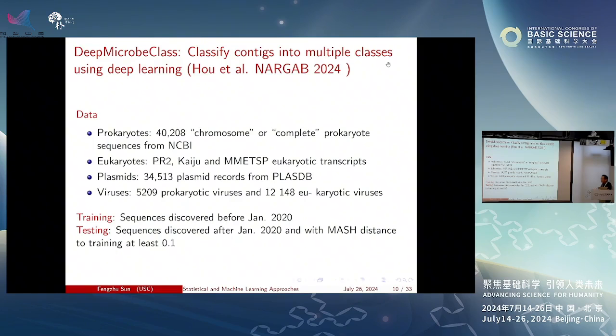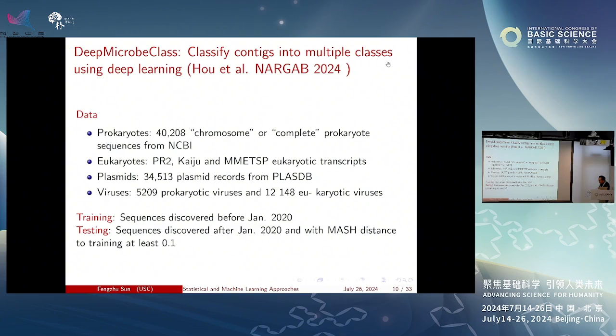So we collected a variety of different data: prokaryote data, eukaryote data, and plasmid. For viruses, we collected prokaryote viruses as well as eukaryote viruses. Those are the 5 major classes of sequences.